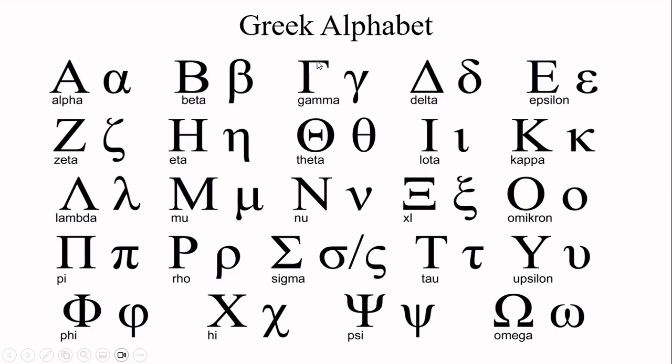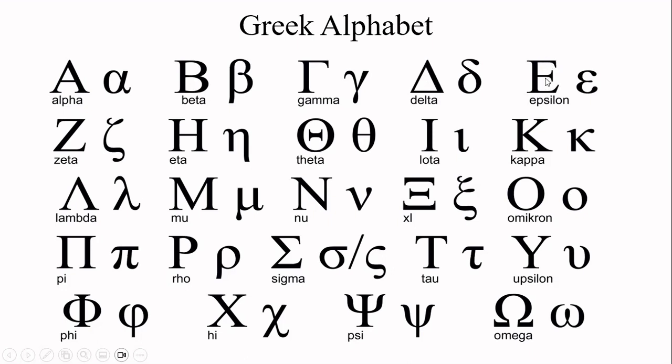Gamma, uppercase G, lowercase gamma, and the sound is G. So alpha says A, beta B, gamma G, delta D, as in the English D, delta.